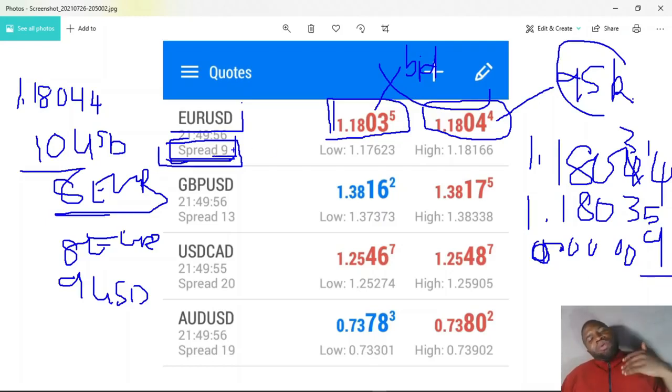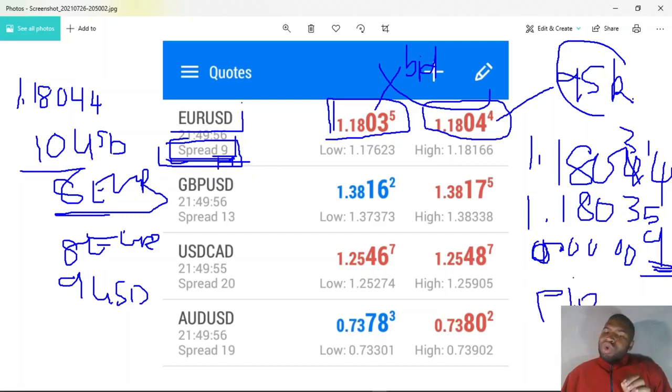It's because when the broker is quoting the spread in this forex quote, they are quoting them in terms of points. So the last digit here is giving you the number of points. So you get a spread that is saying 9. In other words, that is telling you that the spread on Euro USD is actually 9 points. Also, some brokers might not quote the spread in terms of points, they might quote in terms of pips.